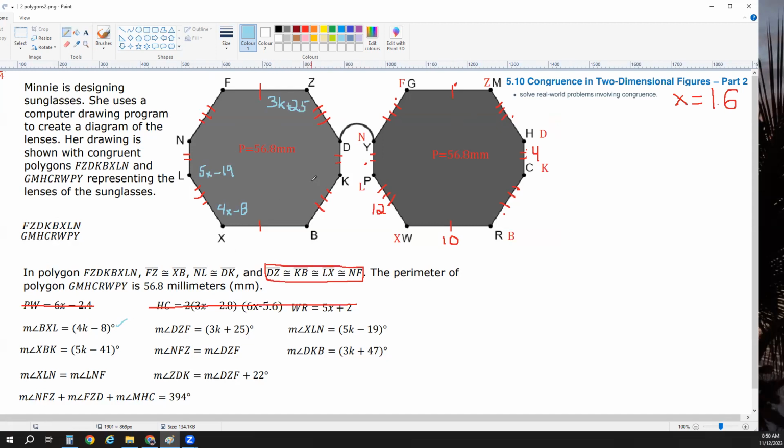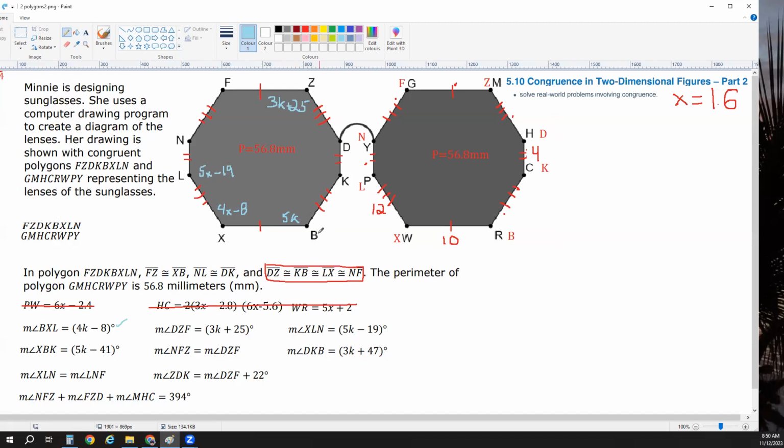And then XBK, this side here is the XBK. This is driving me crazy. My X's, my K's. XBK is 5K minus 41. I don't know what it is with me and X's and K's, but it drives me crazy.